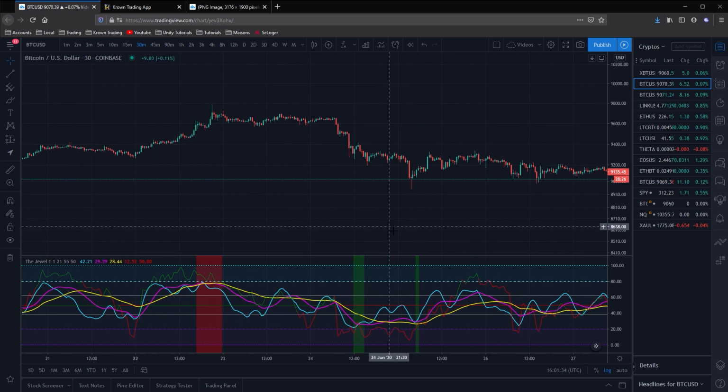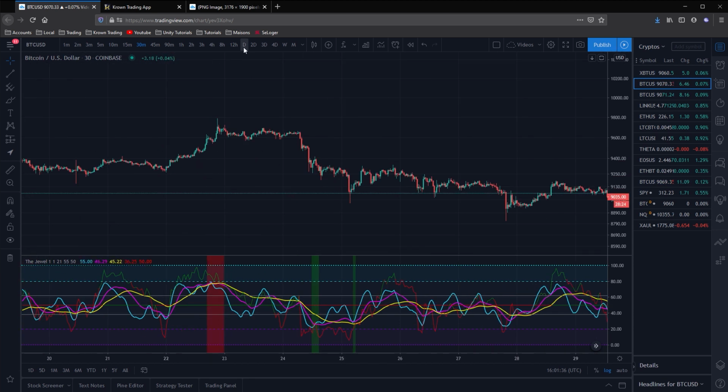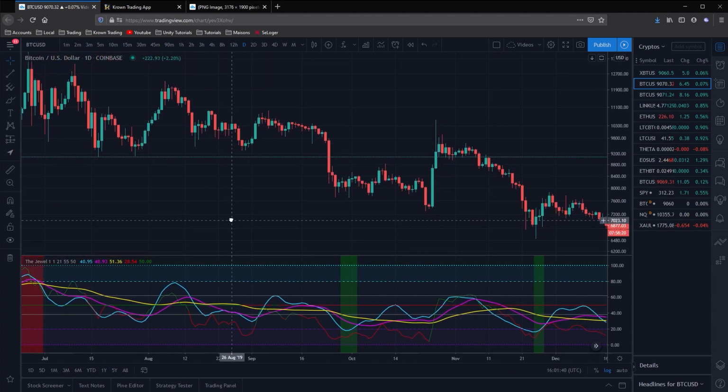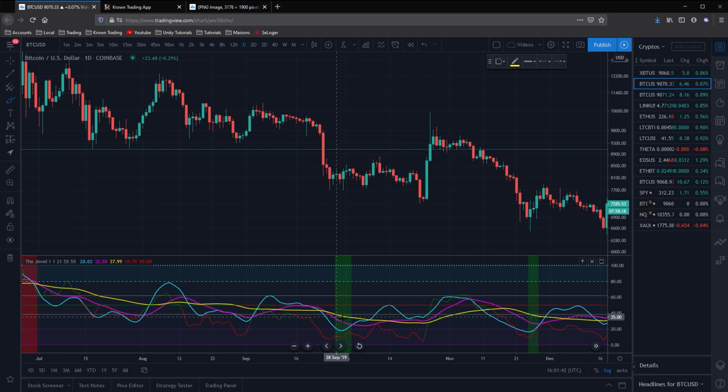All right. So I'm going to go to a daily time frame, which is going to be more representative, I think. There you go. And that's the perfect example over there. You have the background alerts there, which is basically telling you the daily at this point is very extended to the downside on all the momentum oscillators, right?